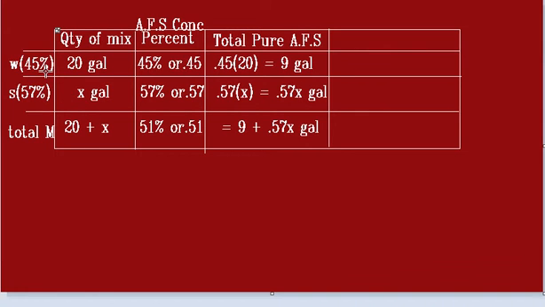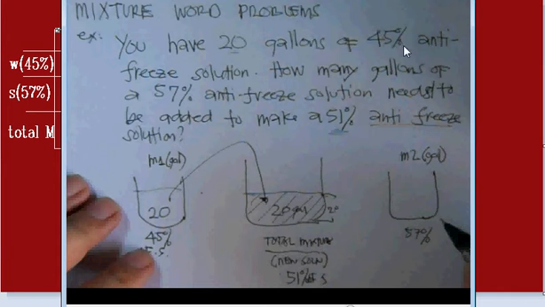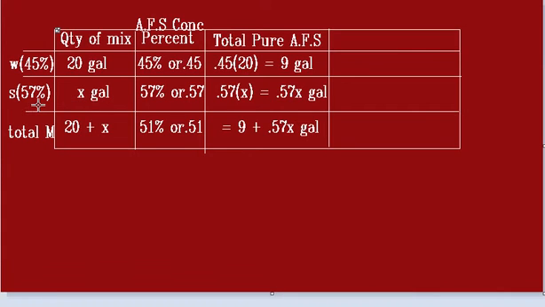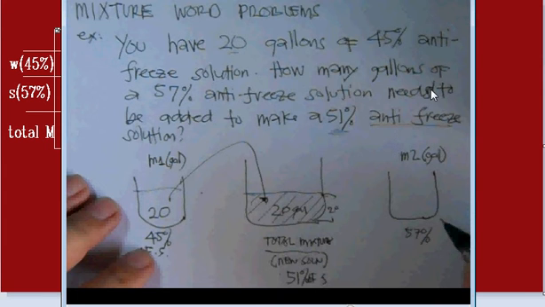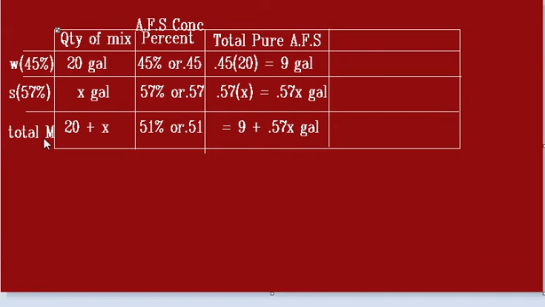As we have mentioned, 20 gallons from the 45% solution. And we also have x gallons from the 57% solution. From that we have to come up with a 51% anti-freeze solution. So the mixture is actually having a certain concentration.